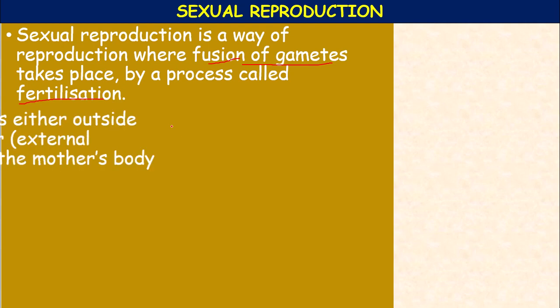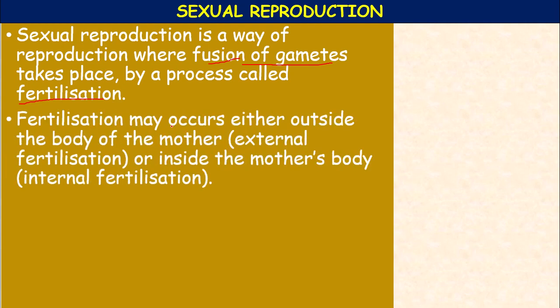called fertilization. In asexual reproduction, there is no production of gametes and no fusion of gametes. Fertilization may occur inside or outside the body of the mother. There is external fertilization.